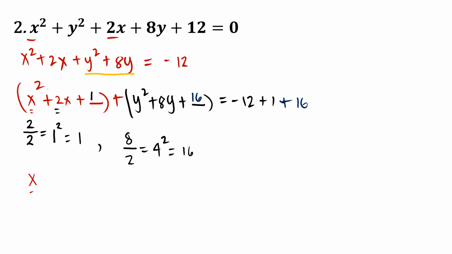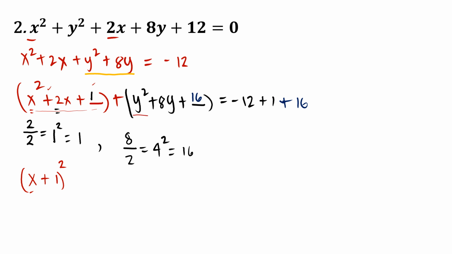Since the linear term has a plus sign, we will follow that. And then the next term will be taken from the square root of the last term of the trinomial. So the square root of 1 is 1, and this will be raised to the power of 2. So (x plus 1) quantity squared is the binomial equivalent of x squared plus 2x plus 1.